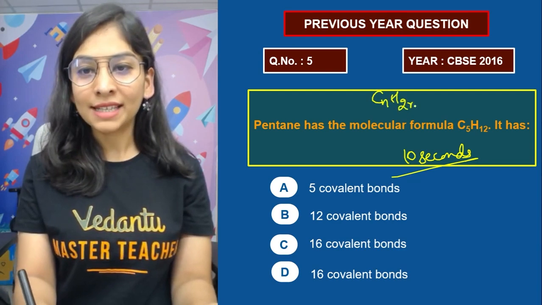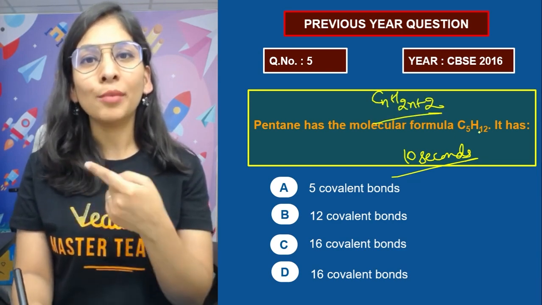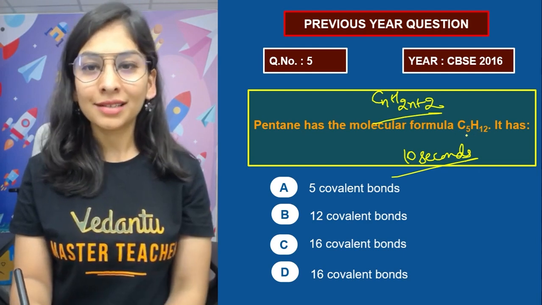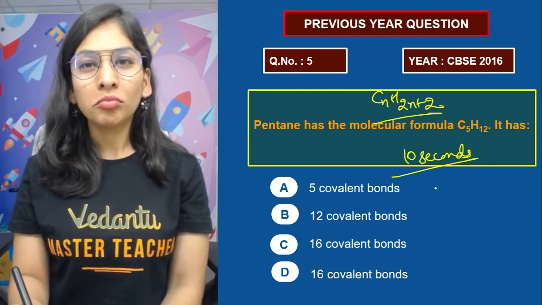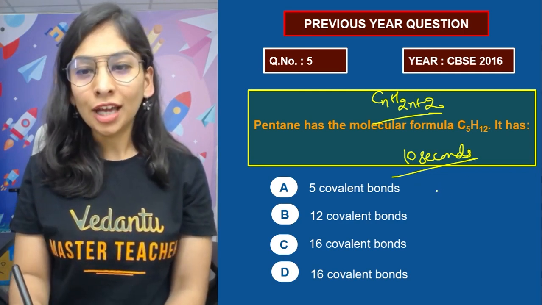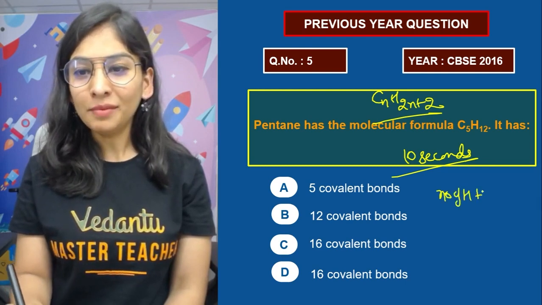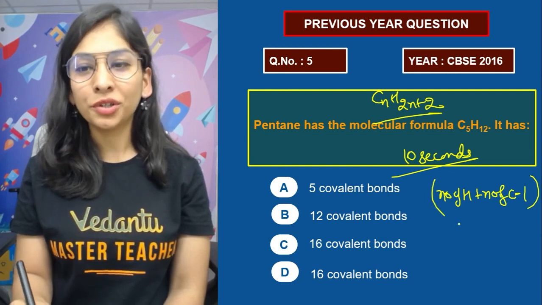Alkane has the formula CnH2n+2. Whatever the number of carbons, hydrogen is double of it plus 2. That's why it's pentane. Okay? And how to know the total number of covalent bonds without even writing it? Total number of hydrogen plus total number of carbon minus 1. That's what I told you.